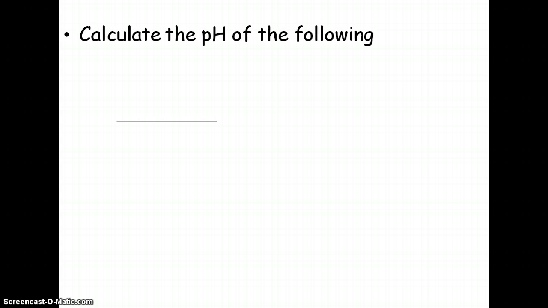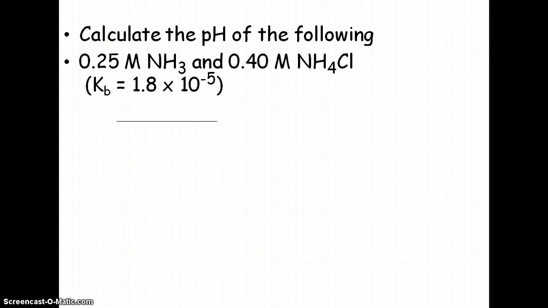All right, another example for Henderson Hasselbalch would be the NH3 and NH4Cl. We're already given Kb, so now we have to find Ka so we can plug it into our Henderson Hasselbalch equation.